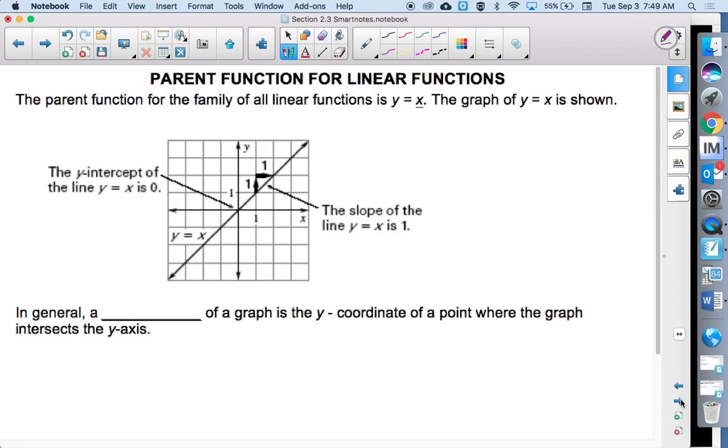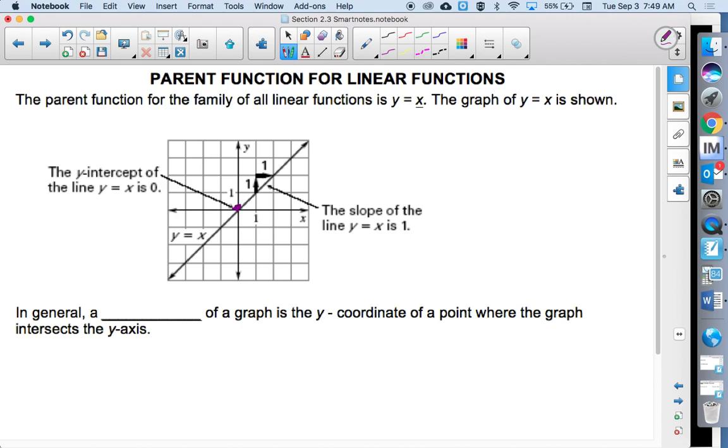So for a line, just as a little refresher, here's our line. The parent function of a line is just y equals x, because there's not a y-intercept, there's not a slope other than 1. So that makes it really basic. And as you can see, here's the graph here. We have the y-intercept at 0. Also the x-intercept is right there.